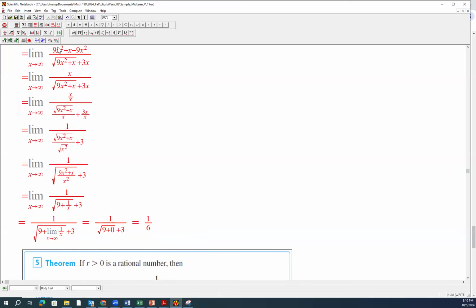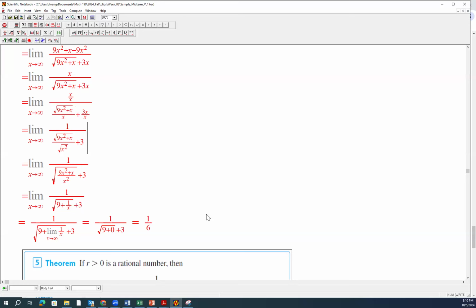The rest of the steps, we divide by x on top and bottom. And once again, when we get here, we want to bring x inside the square root.